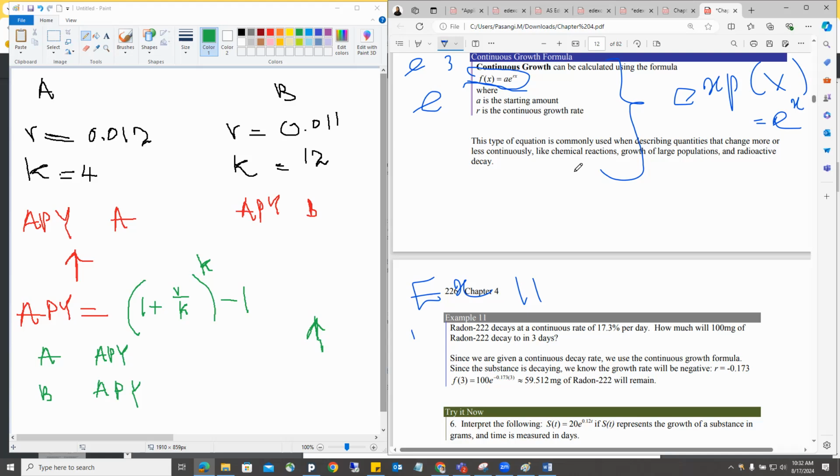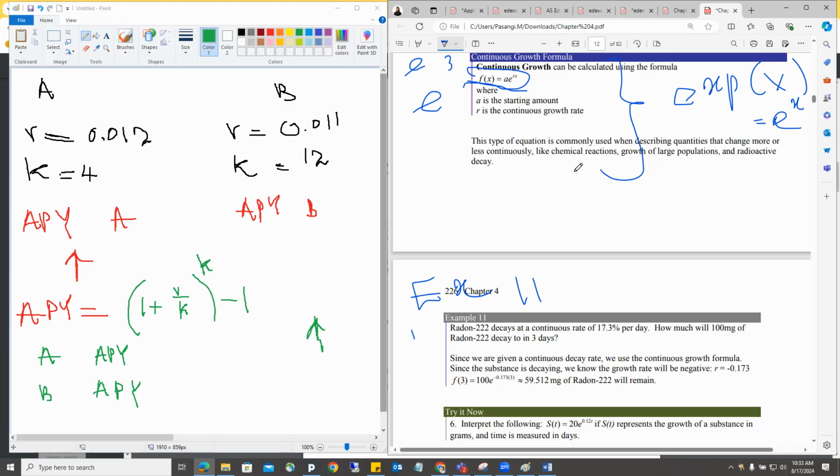Radon 222 decays at a continuous rate of 17.3% per day. How much will 100 milligrams of radon 222 decay in 3 days? So the initial starting value is 100 milligrams. That is, the value A is 100. Then E, we have that value.